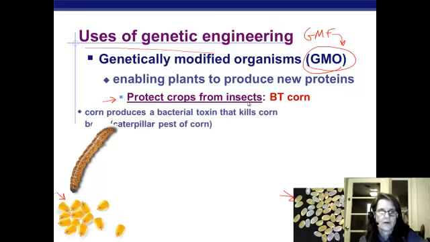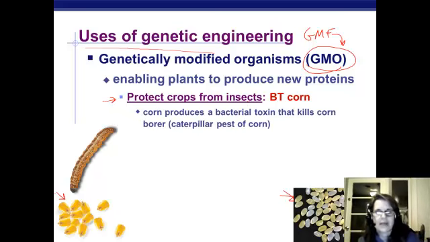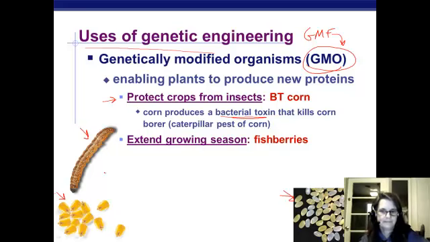The transformed corn can produce a bacterial toxin that is going to kill this guy that wants to eat the corn in the field. So it kind of is making its own pesticide, if you will, that evidently is not dangerous for anything but this unsuspecting caterpillar.